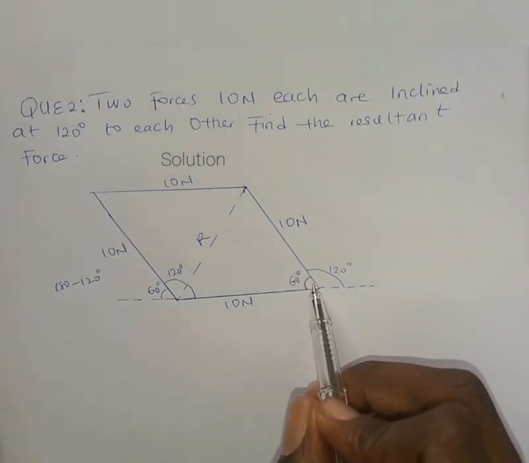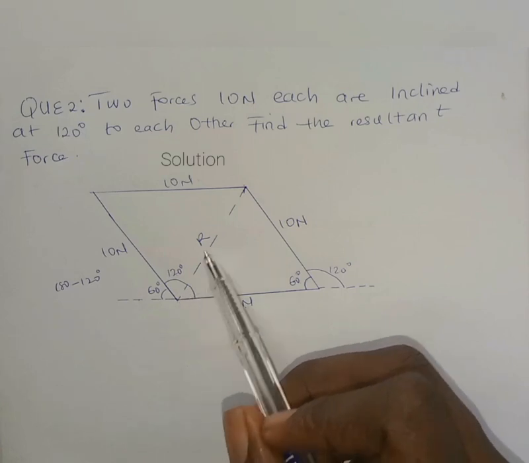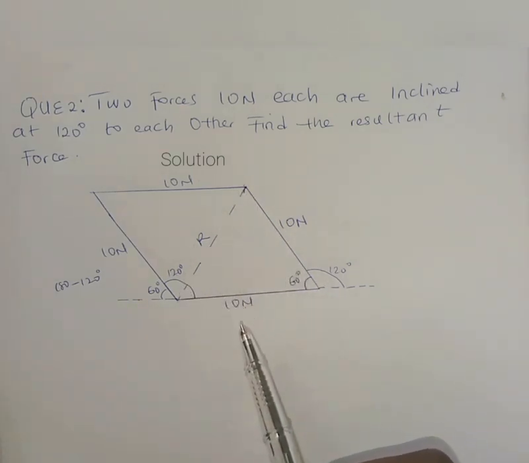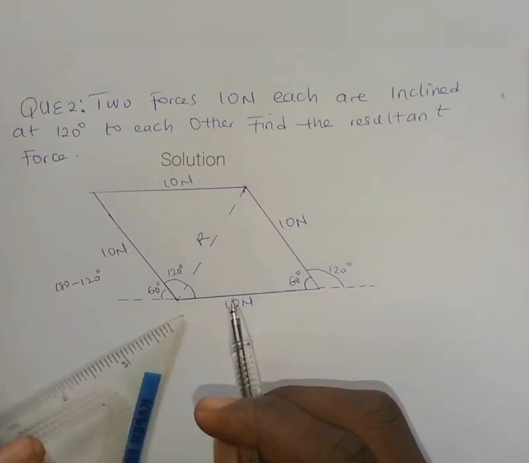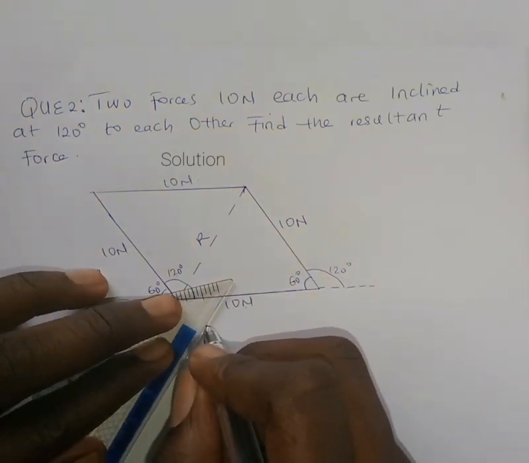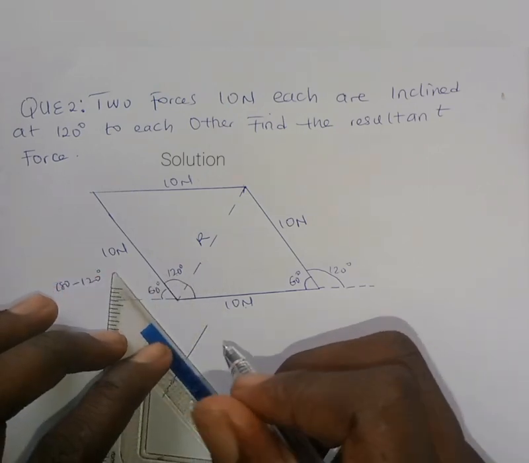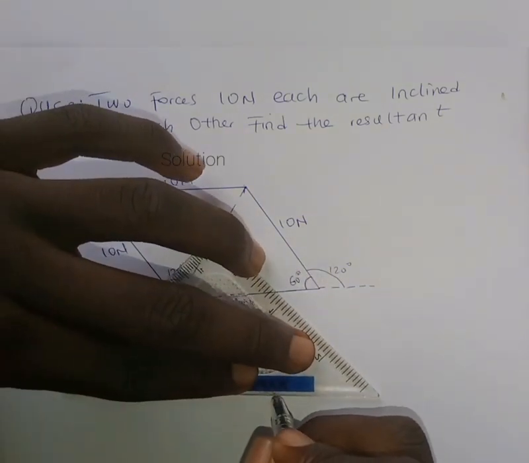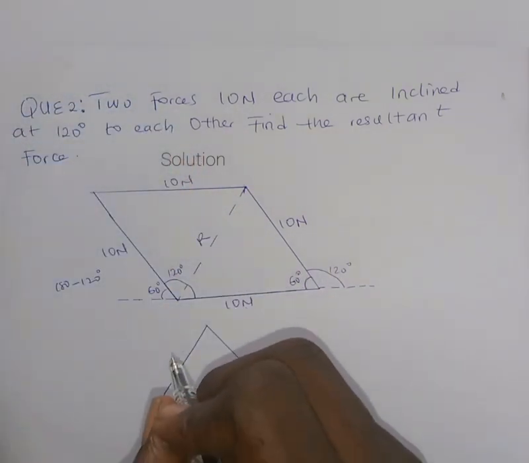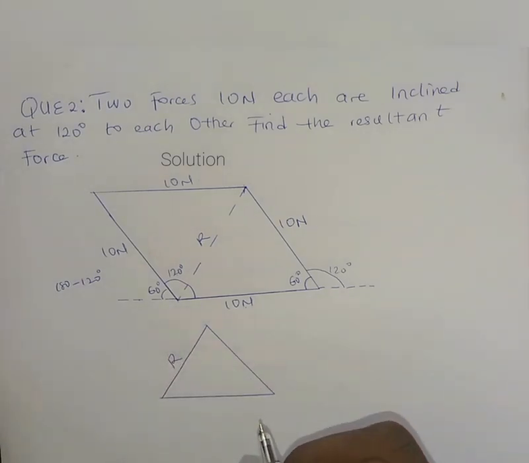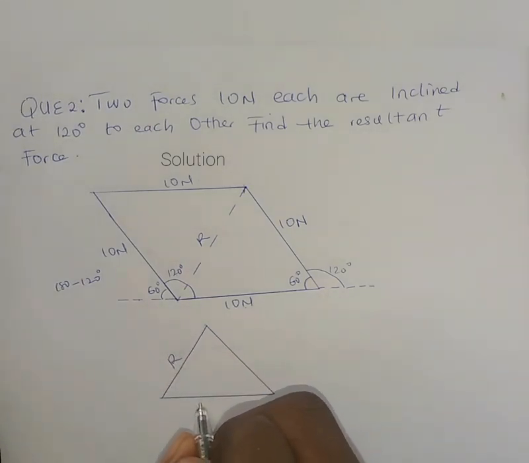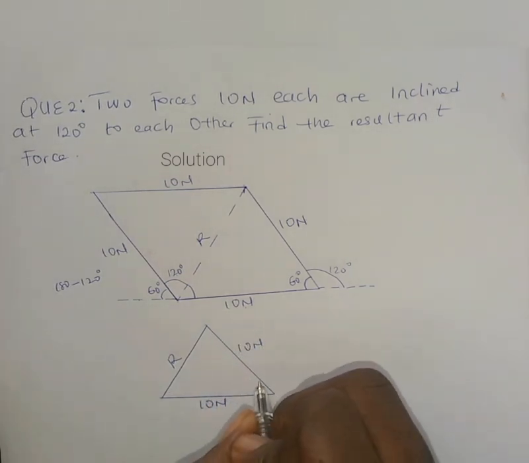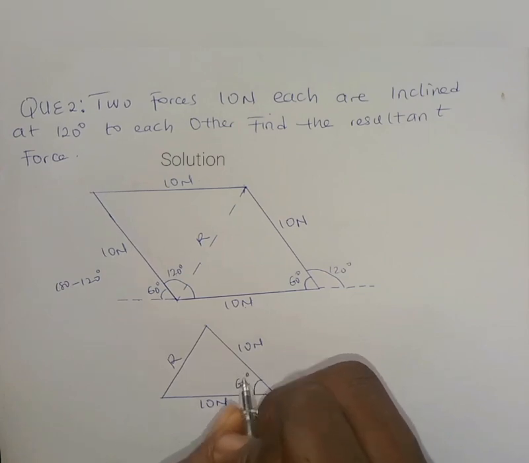Now knowing the angle here, we can bring this triangle out and solve for our resultant c using the cosine rule. So bringing this triangle out, we'll have something like this. So this is our resultant, this is the 10 Newton, this is the 10 Newton, and then this is our angle, which is 60 degrees.